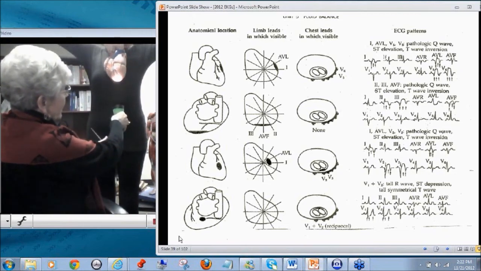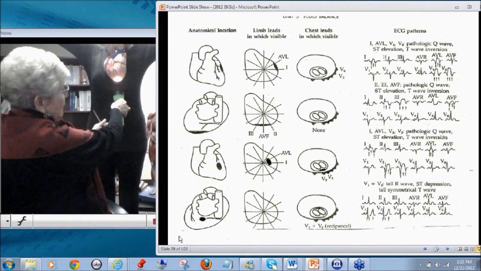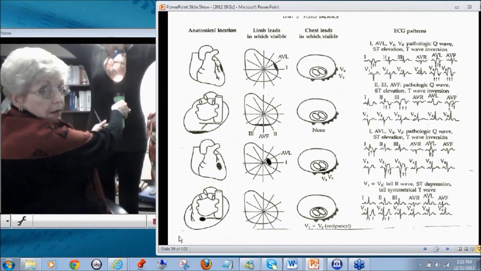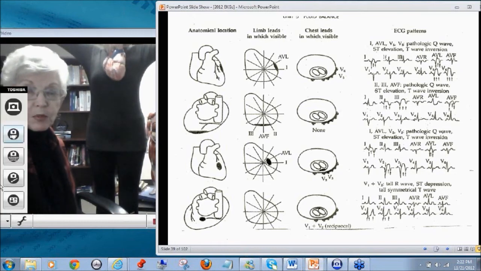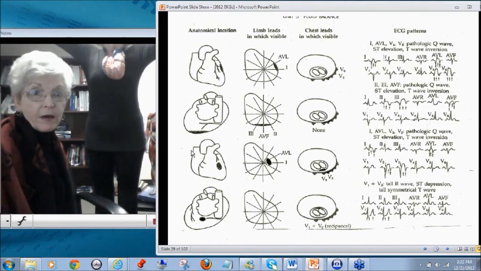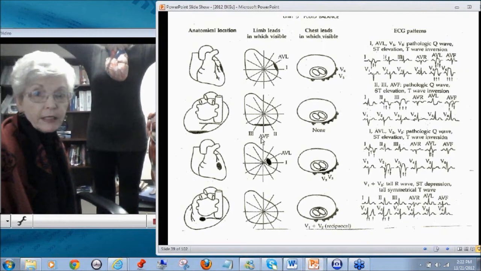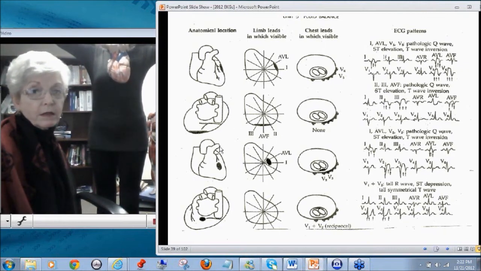What part of the heart am I looking at? I'm looking at the underbelly of the heart. I'm hoping you can see that. And that would be analogous on this particular slide here. Leads 2, 3, and AVF are all looking at the underbelly of the heart.